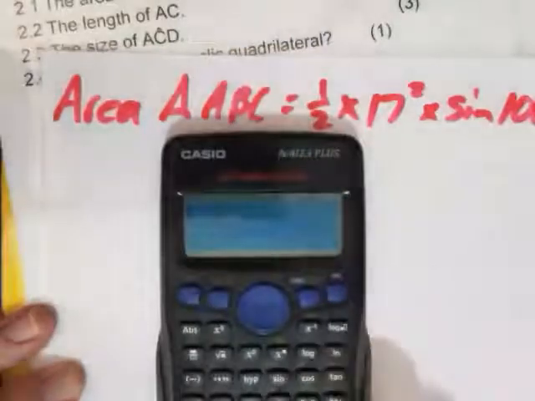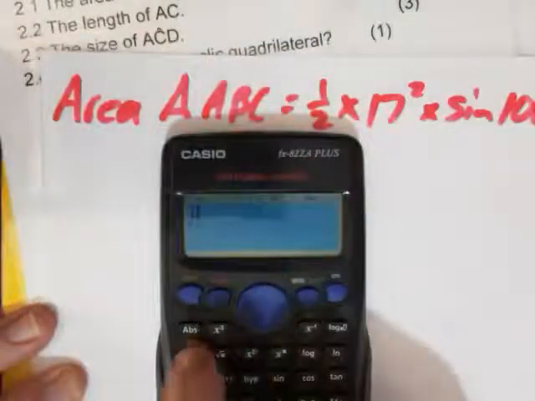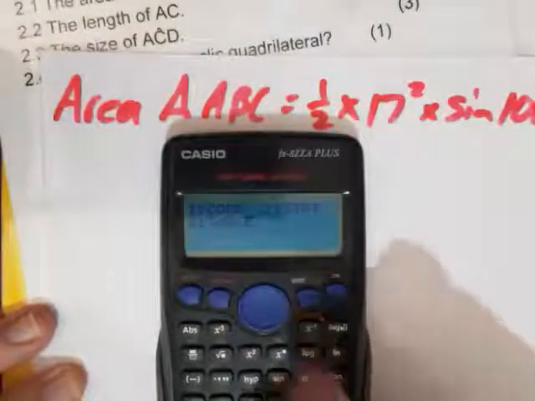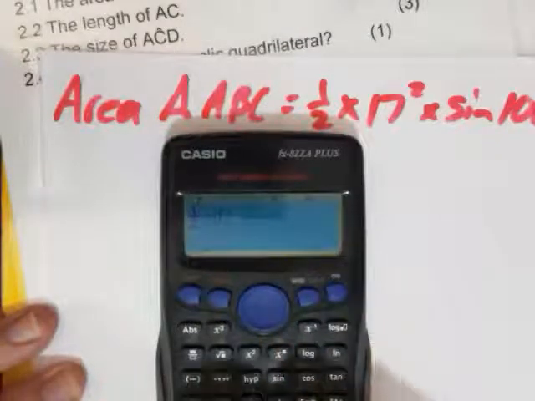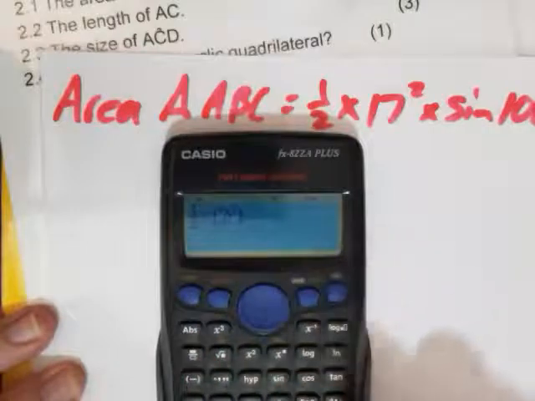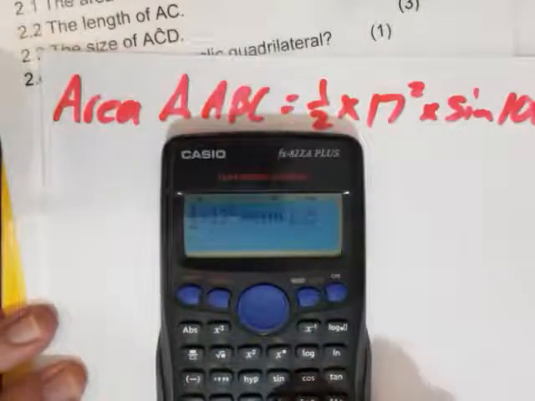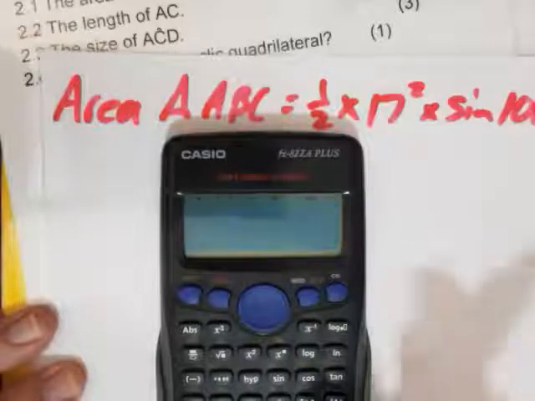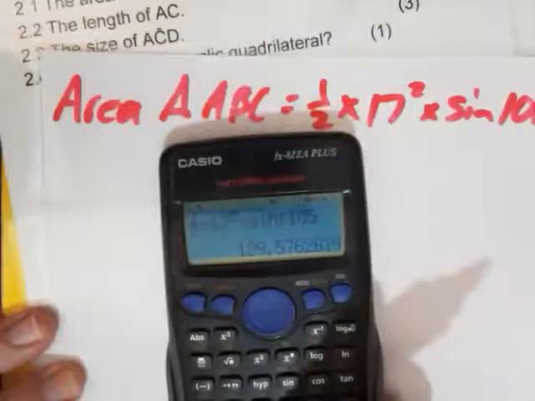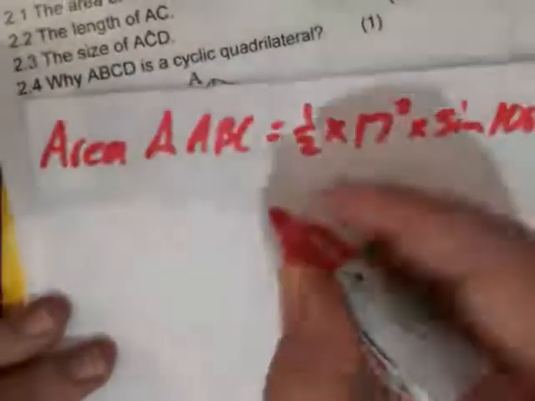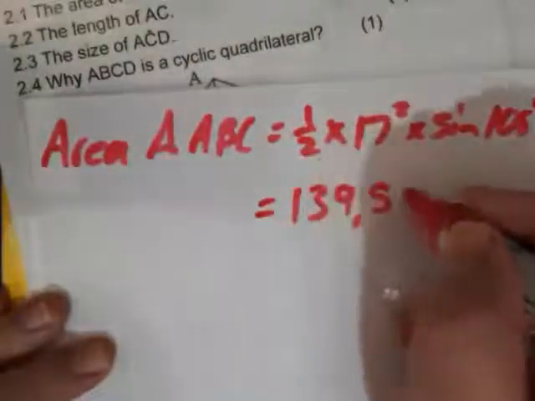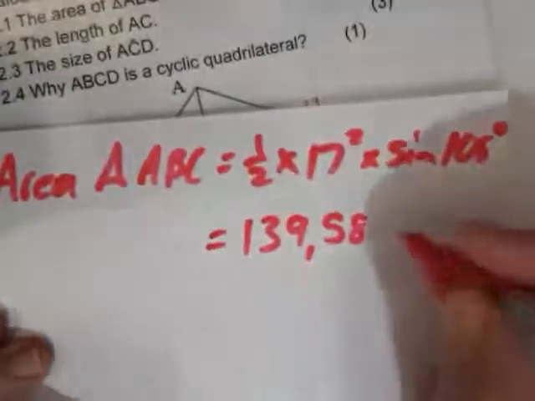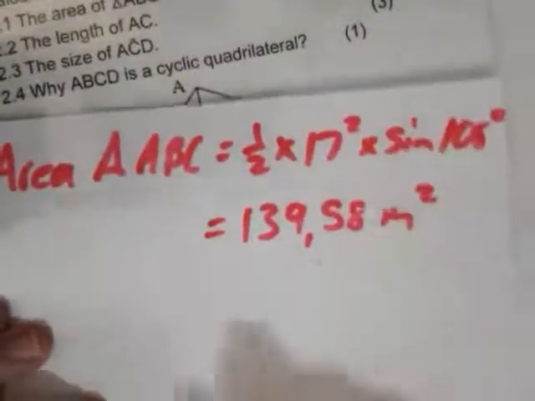So it will be a half times 17 squared times sin of 105, which is 139.58, and the units will be meters squared.